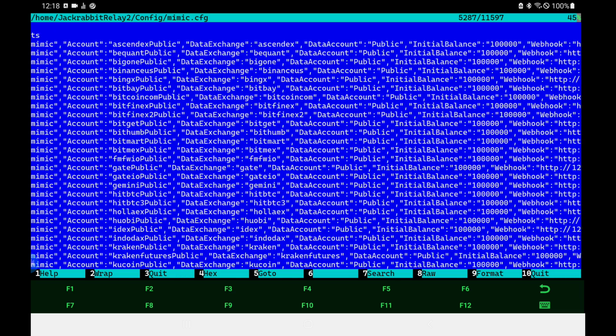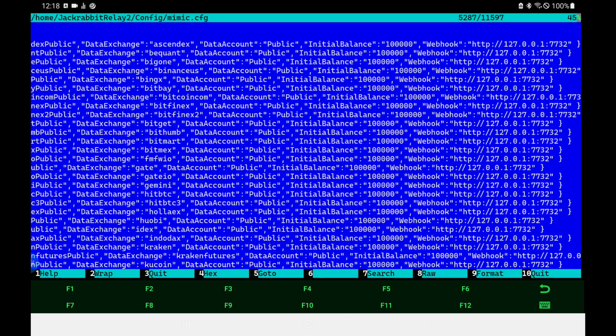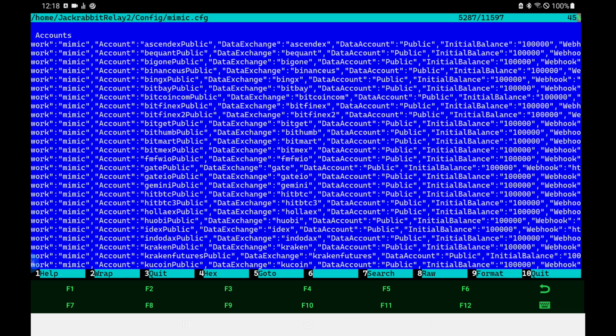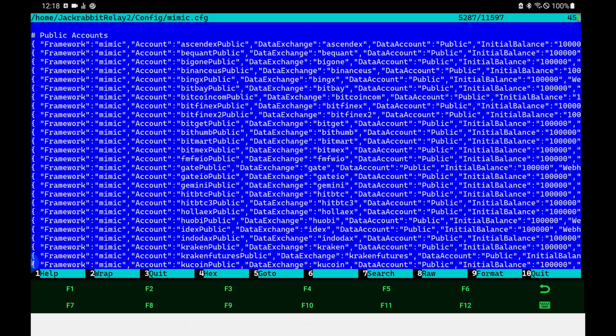So there you have it. This is literally the setup, and you can see that all of these exchanges exist for you to test and try and collect information on. And all of Jackrabbit Relay's information works well with this content.